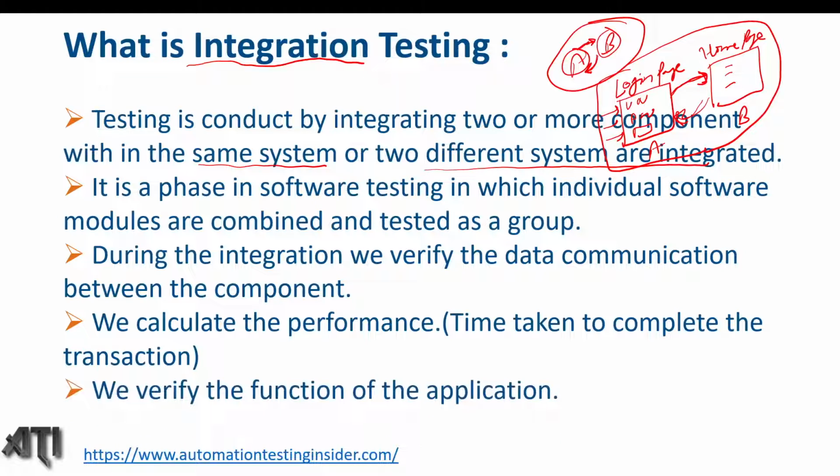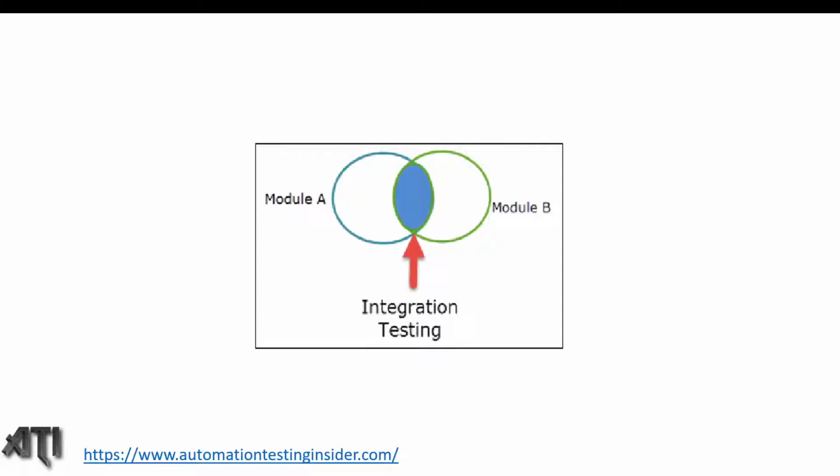We verify the functionality of the application. So this is an example, guys. Here we have module A and module B, and this is the common place where these two modules are integrated, the interface between module A and module B, where we perform the integration testing. In the case of the login page and home page, when we provide username and password and click on the submit button, we land on the home page.